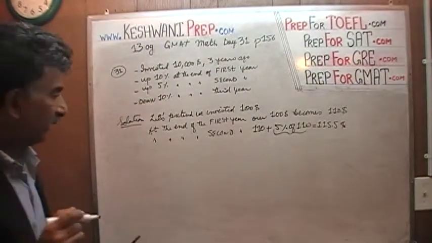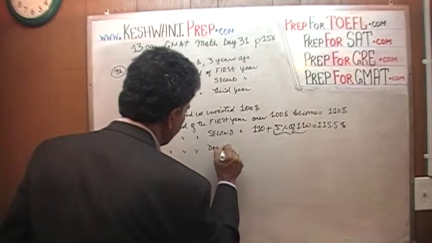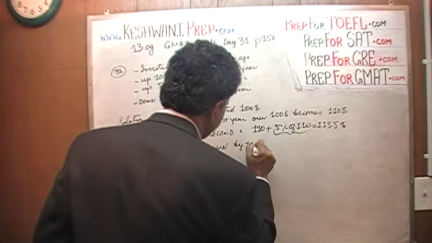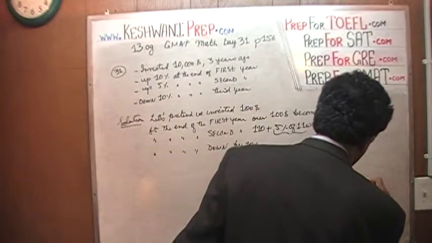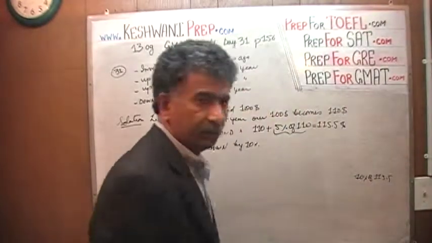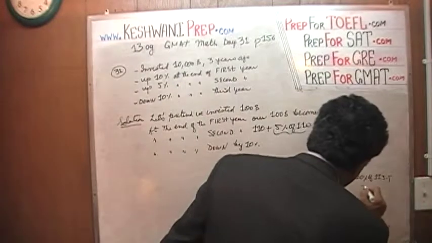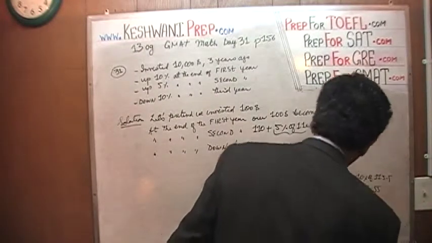Then by the end of the third year, it is down by 10%. 10% of 115.5, strictly speaking, should be 11.55. I'm just going to pretend it's 11.5 approximately.